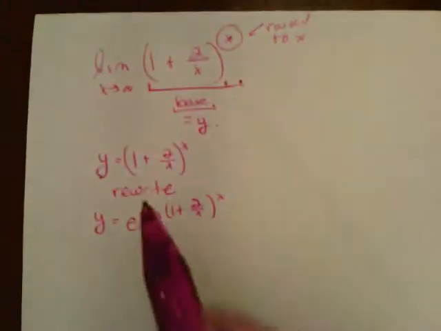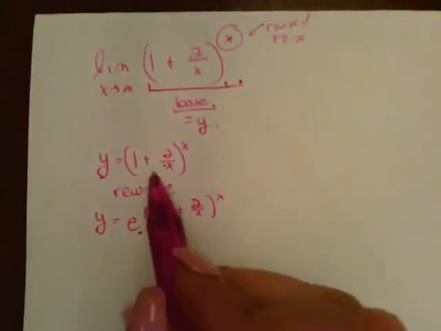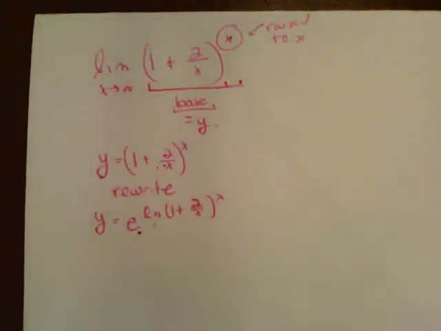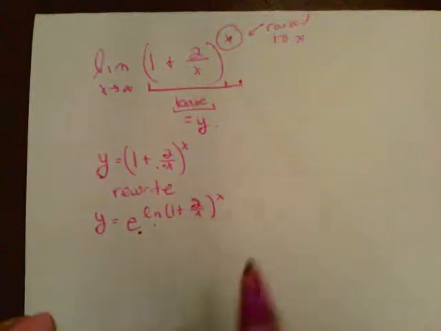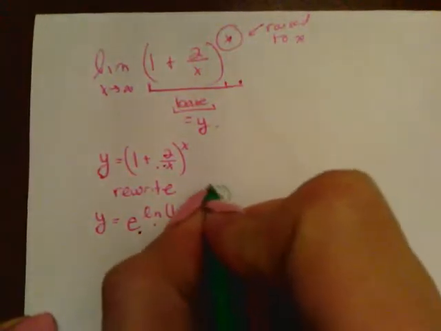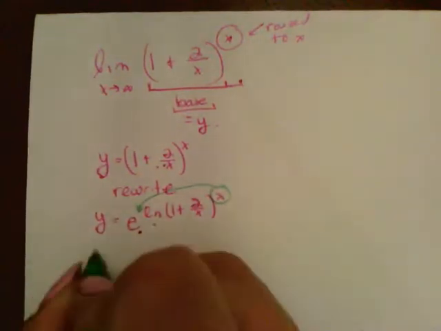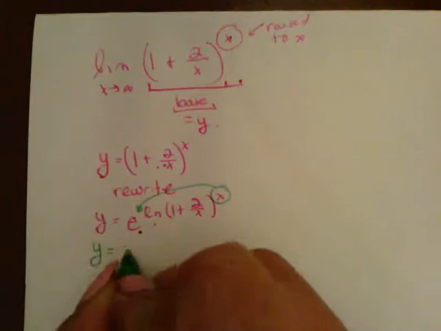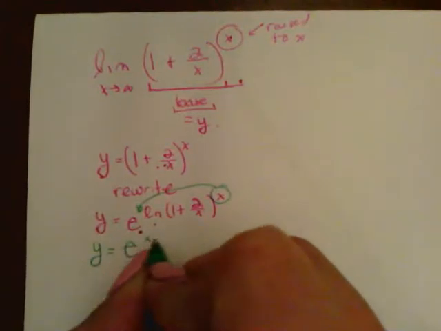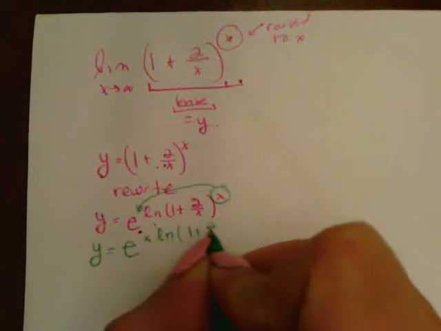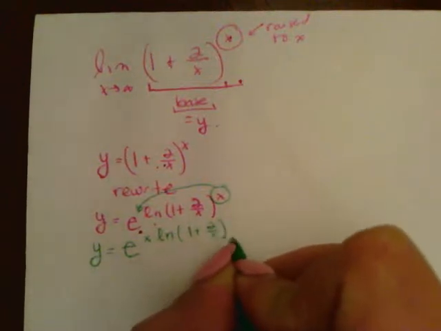I think you guys can agree with me that I didn't really change the problem. The function is still the same because e to the ln cancel each other out. But what this does help me do is it allows me to bring this x down from the exponent position. So now we end up with y equals e to the x ln(1 + 2/x).